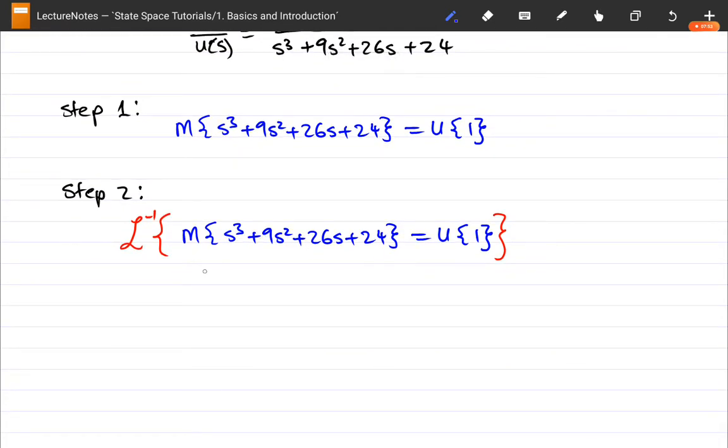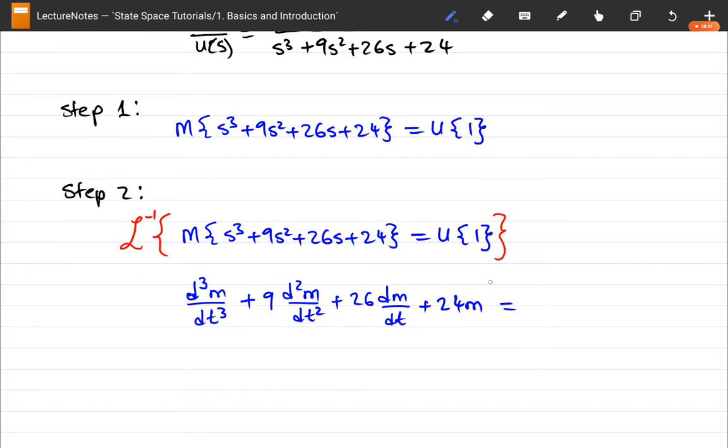So what we get here is going to be the third derivative of m, d3m over dt3, plus 9 times the second derivative of m with respect to time, plus 26 times the first derivative of m, not y, plus 24m, and on the right hand side we get u.